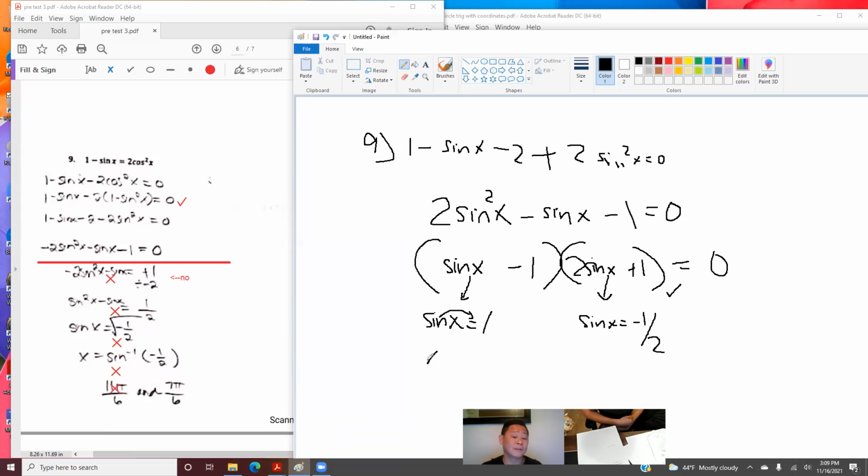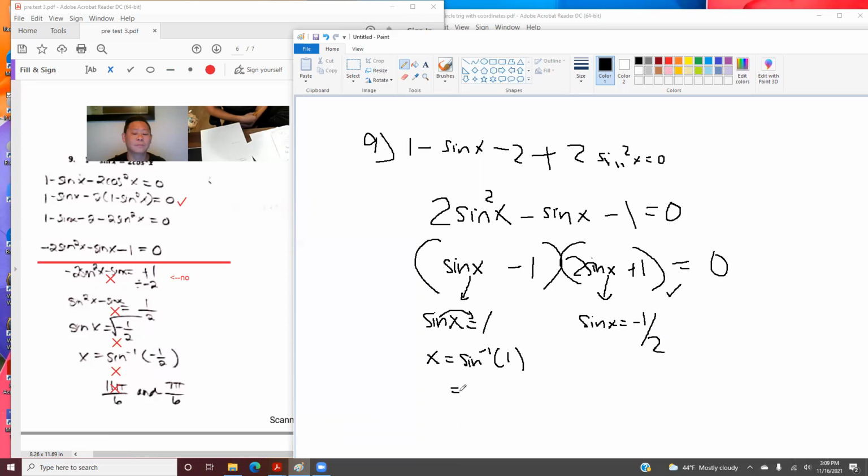What is this answer in this case? x equals arcsine of 1, which is pi over 2. And this one?